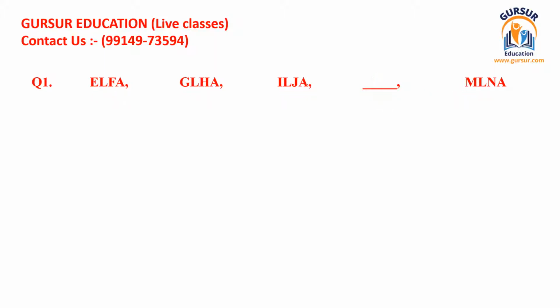First is the question mark. Just write the series in this way. The first element is ELFA. You have to write this again, but you have to give space between all the letters. So this is E, this is L, this is F, this is A. Then the next is GLHA. Just write it below the first combination.